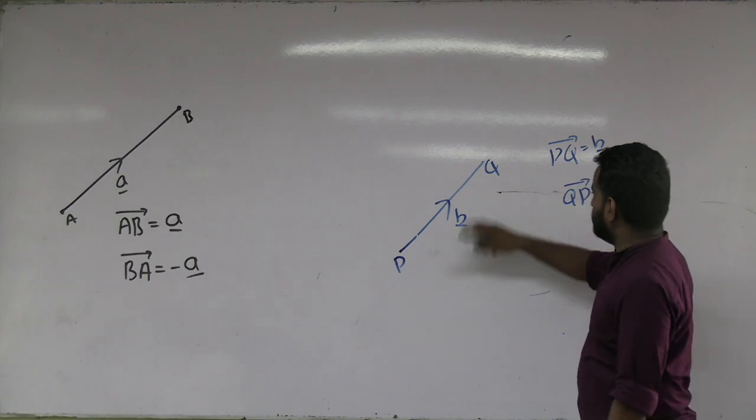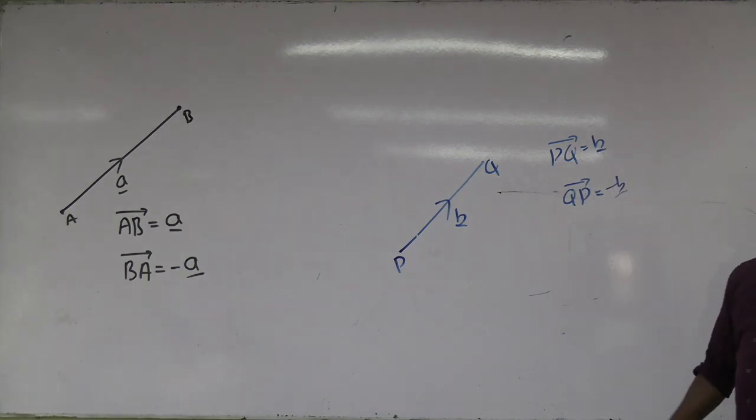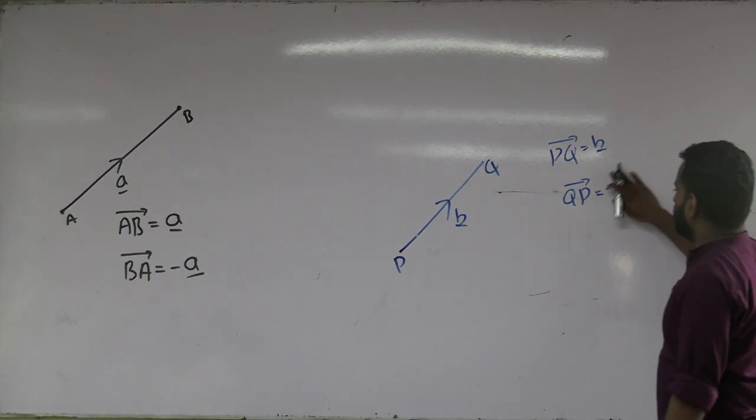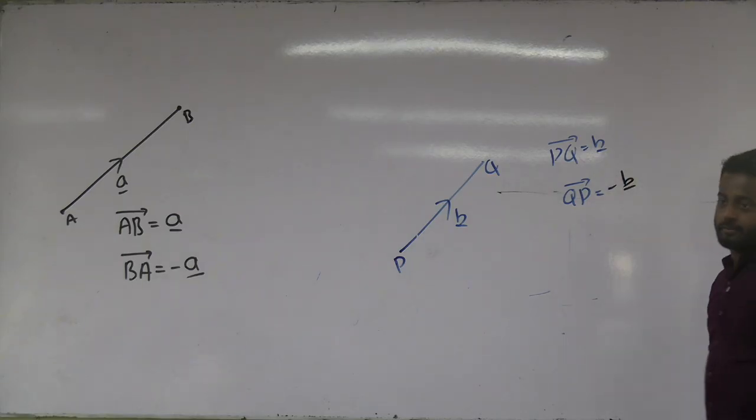So we have PQ which is B, then QP is minus B.